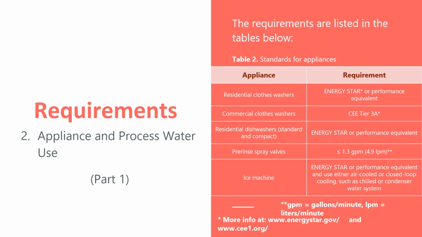The Energy Star is a US EPA voluntary program that is just meant to help businesses and individuals save money while also helping the environment. More information can be seen about CEE tiers and Energy Star at the provided links.